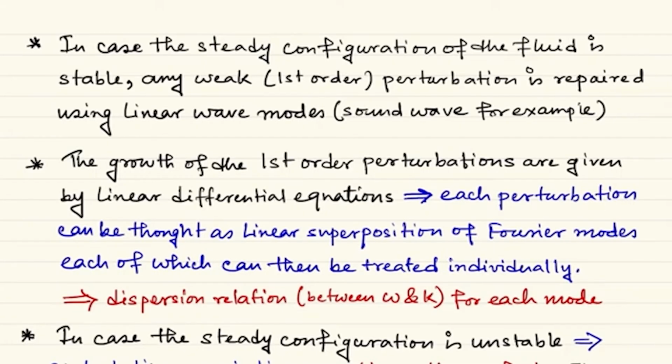So in general you can say that every perturbation can be expressed as a superposition of various plane waves, sines and cosines. Once this is done, finally, if you remember, we find the dispersion relation relating the frequency and the wave vector for each mode.